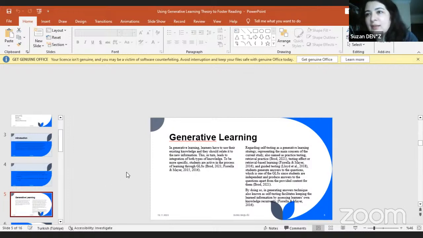So what self-testing does is that it pushes the students to use the pre-existing knowledge and make do with that knowledge and make themselves ready for the several assessments and other learning processes.